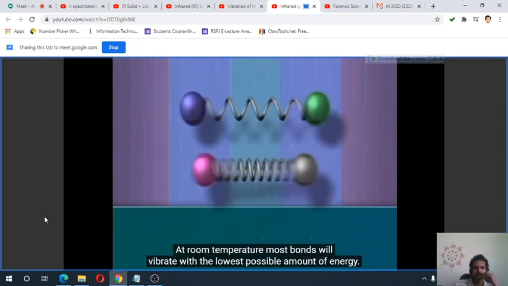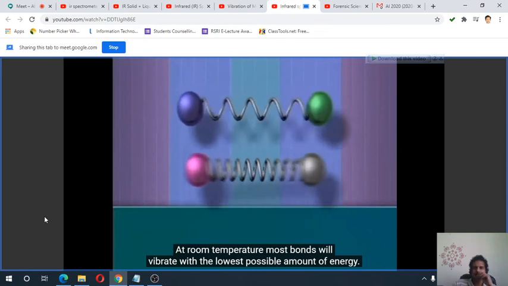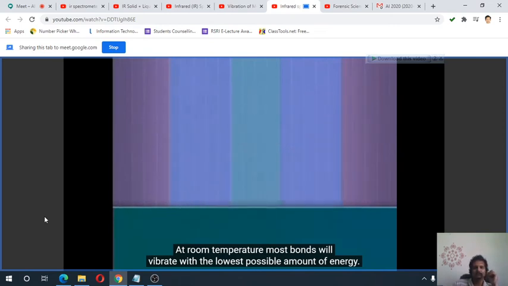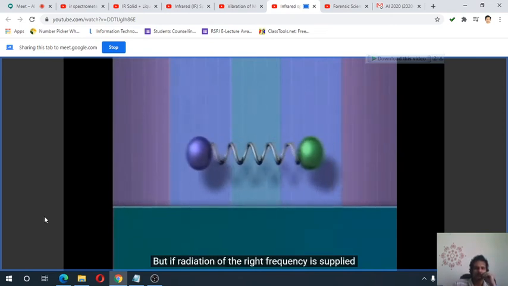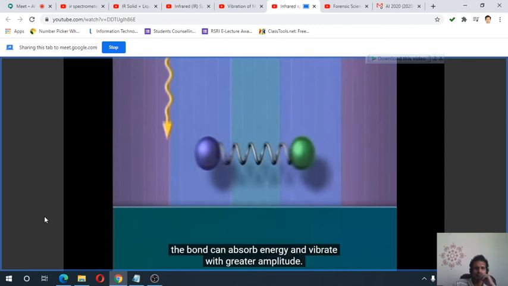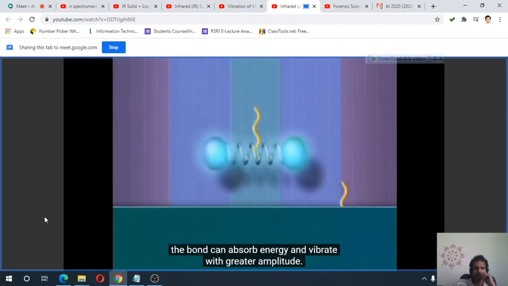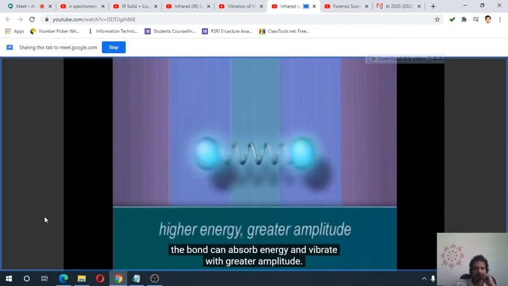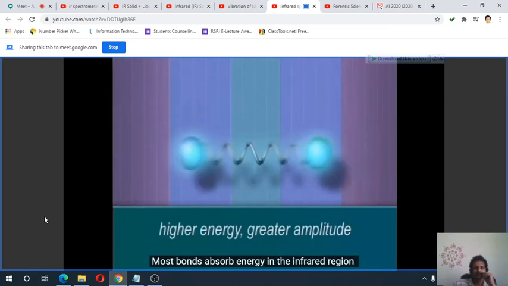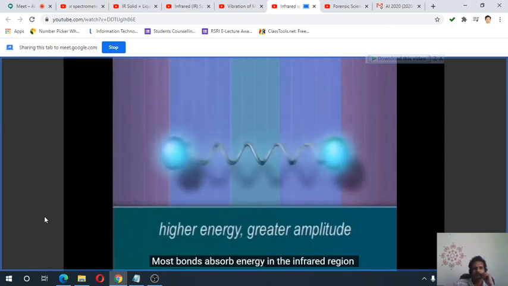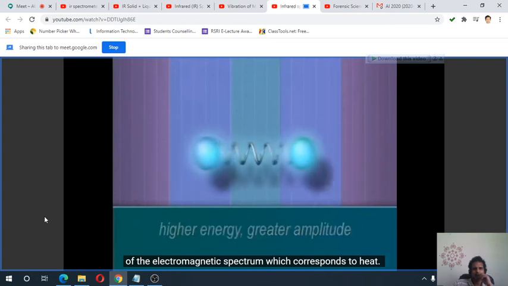At room temperature, most bonds will vibrate with the lowest possible amount of energy. But if radiation of the right frequency is supplied, the bond can absorb energy and vibrate with greater amplitude. Most bonds absorb energy in the infrared region of the electromagnetic spectrum, which corresponds to heat.